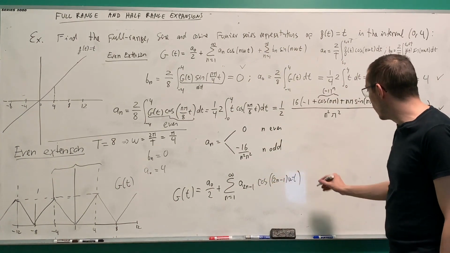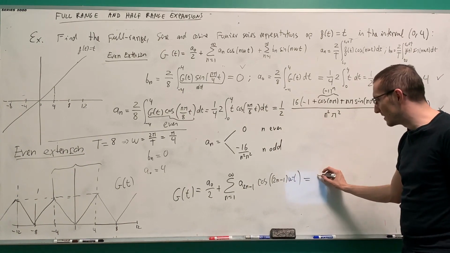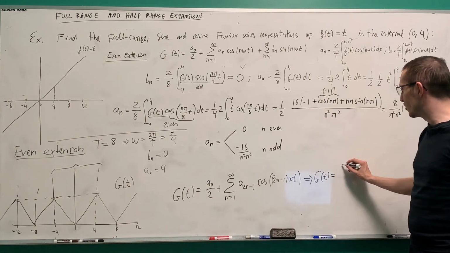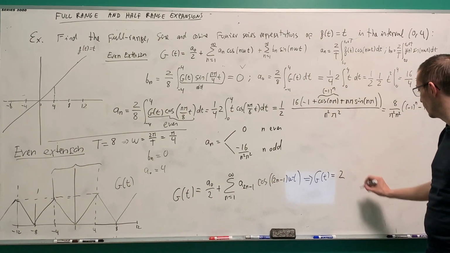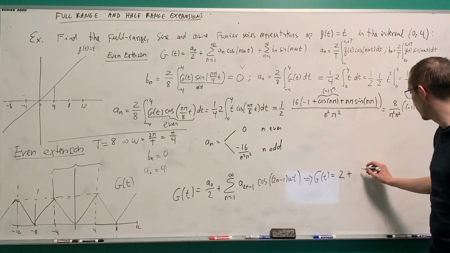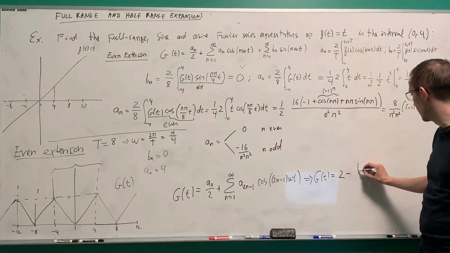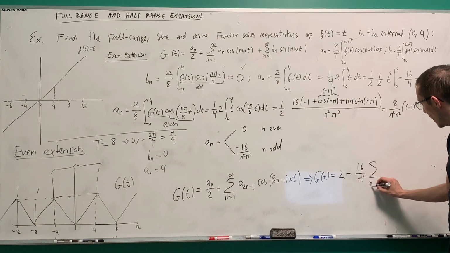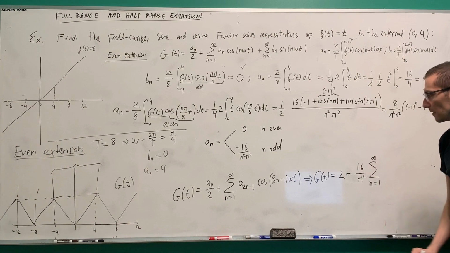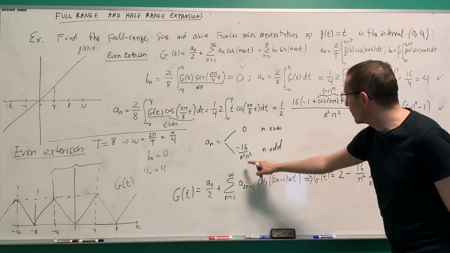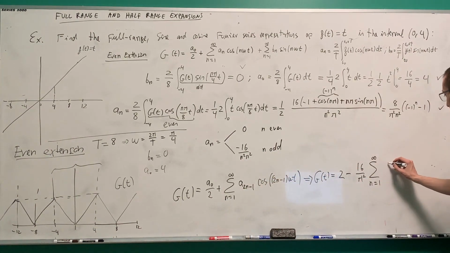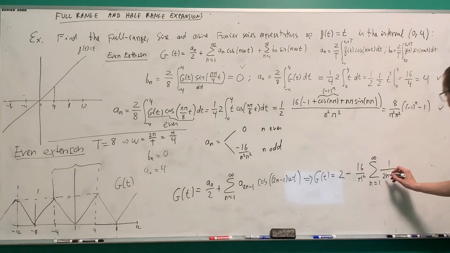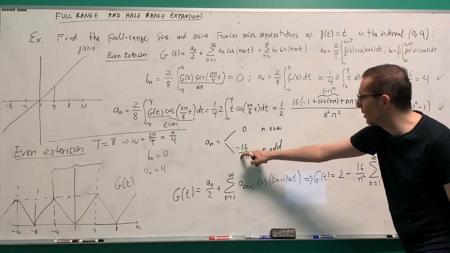And now I substitute, and I get that the final result is g of t, just to be able to box it. a0 is 4, so this is 4 over 2, which is 2. Plus, I take the constant factors out, so minus 16 divided by pi squared, and then the sum from n equals 1 to infinity. I write 2n minus 1 when I see an n, so it's 1 over (2n minus 1) squared.